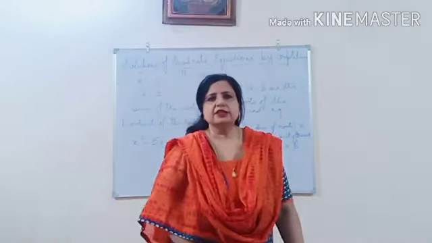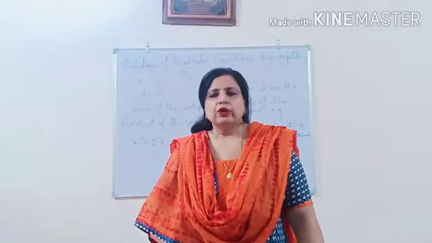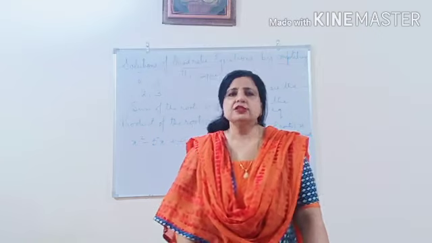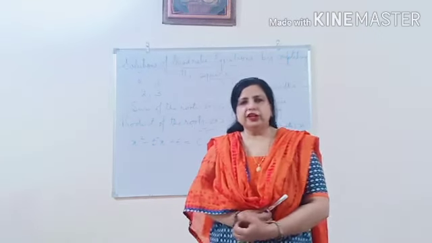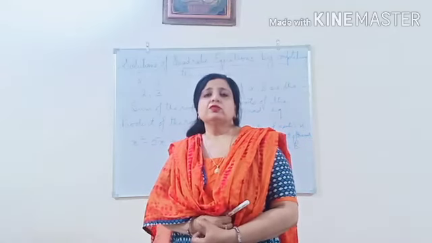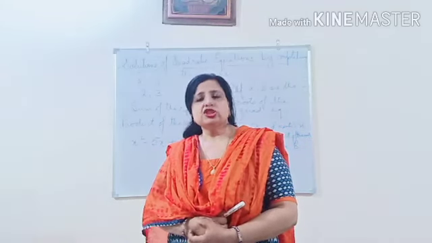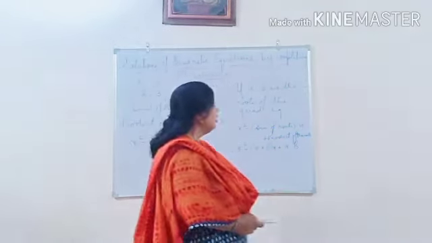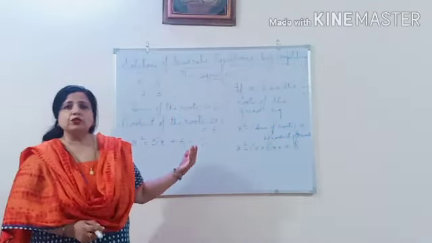So we have discussed quadratic equations, standard form of quadratic equations, solution of quadratic equations by factorization method, solutions of quadratic equations by completing the square, and then we obtained the quadratic formula, and the nature of the roots.